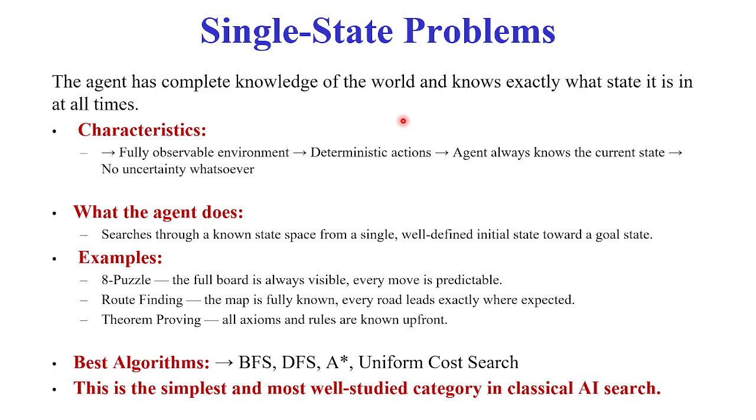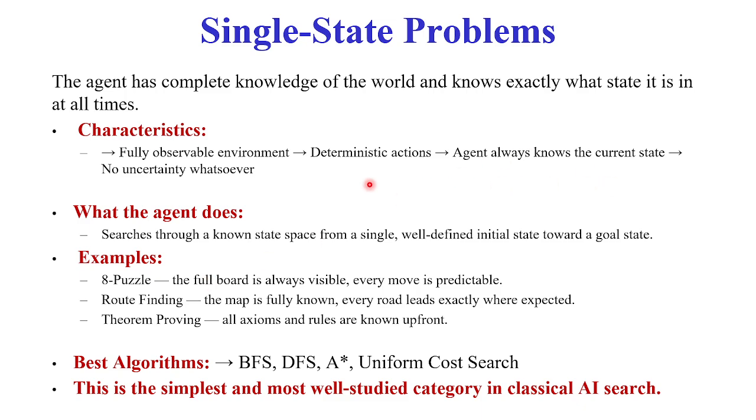It is a situation where the agent has complete and perfect knowledge about the world it is dealing with. The agent exactly knows what state it is in at all times, and it knows what the result of every action is.